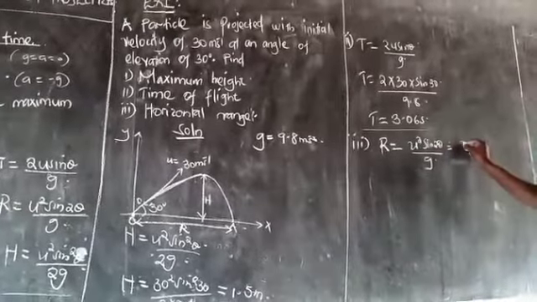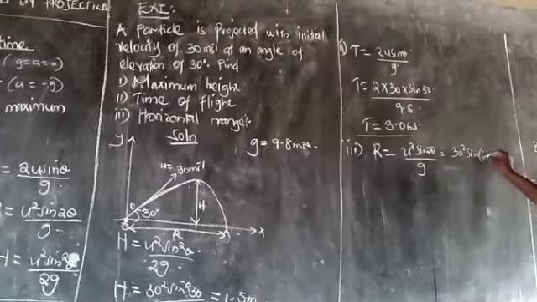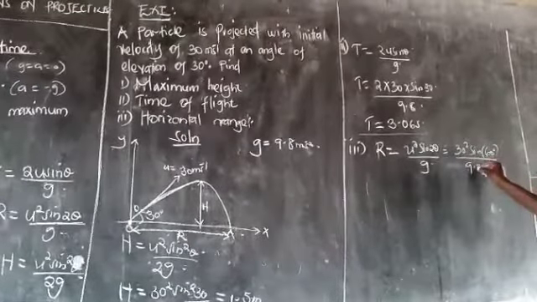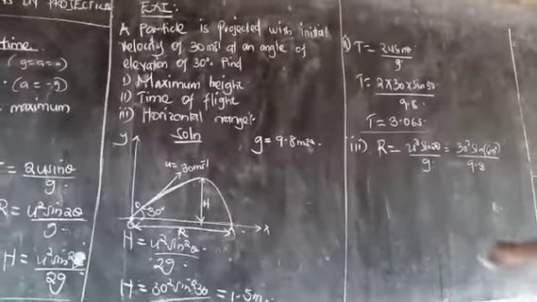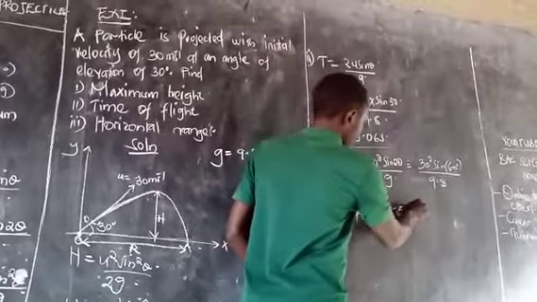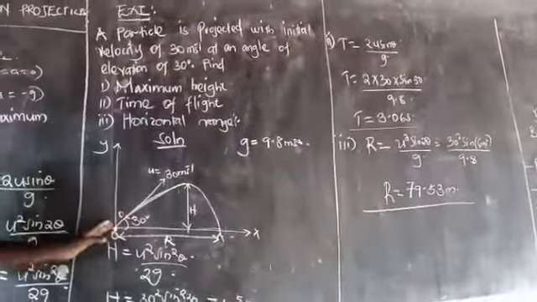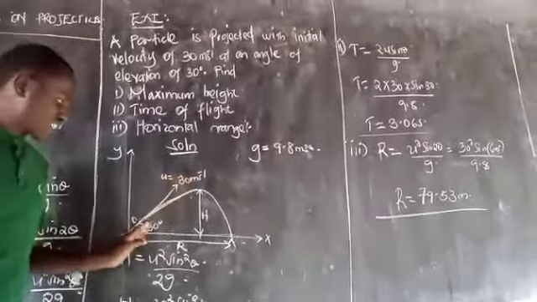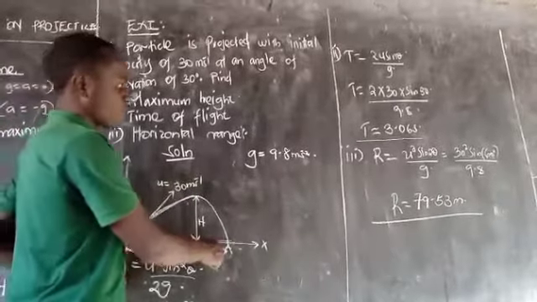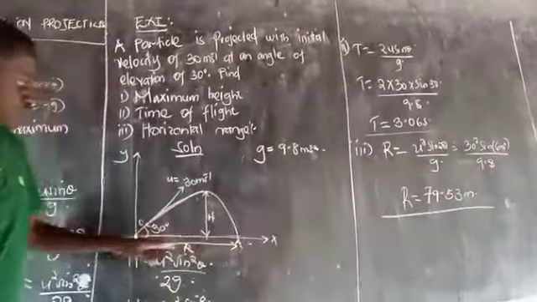By substitution, we have 30 squared sine of 2 times theta, which is 60 degrees, that is 2 times 30, divided by 9.8. And that will give us 79.53 meters. It simply means that after projecting this body with 30 meters per second at 30 degrees above the horizontal, it will move a horizontal distance of 79.53 meters to come back to the same horizontal plane.